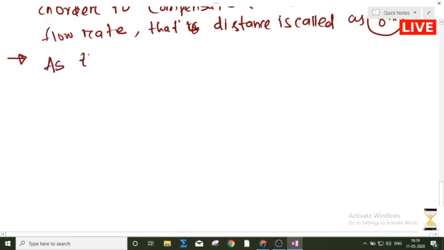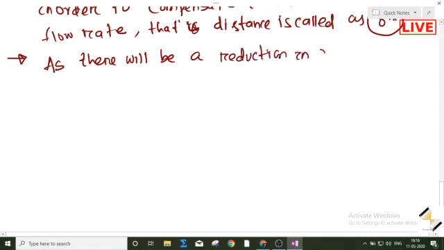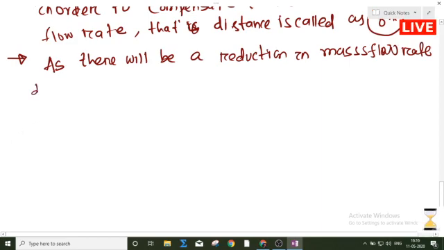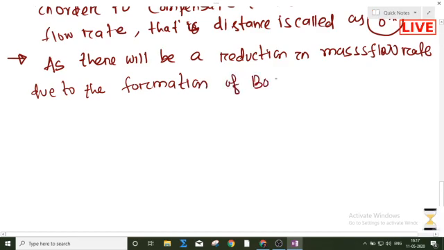So I can say there will be a reduction in mass flow rate. Why is there a reduction?